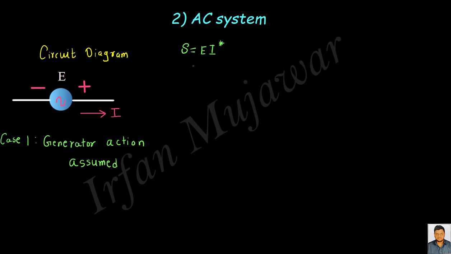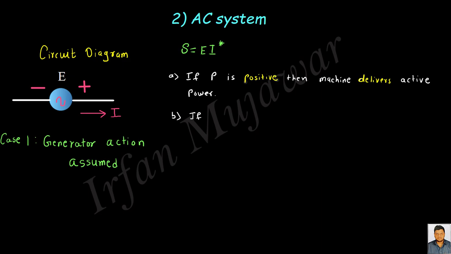So here we will consider the various cases, based on signs of P and Q. First case: if P is positive, then it means the machine delivers the active power. But if P is negative, then the machine will absorb the active power.